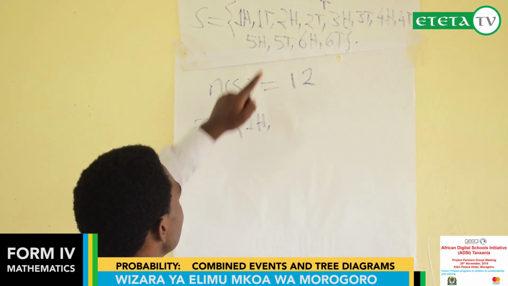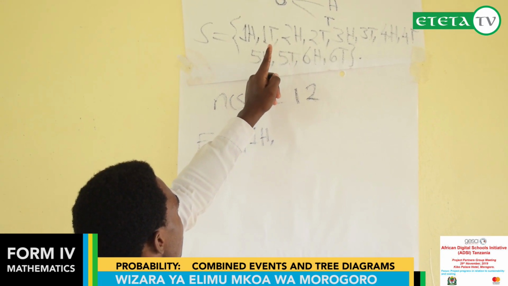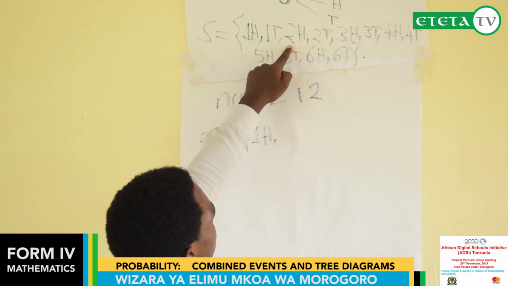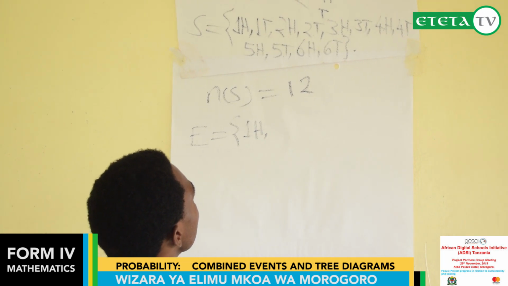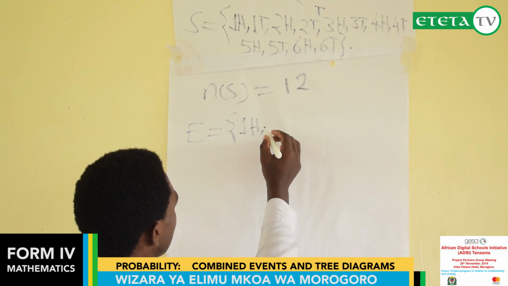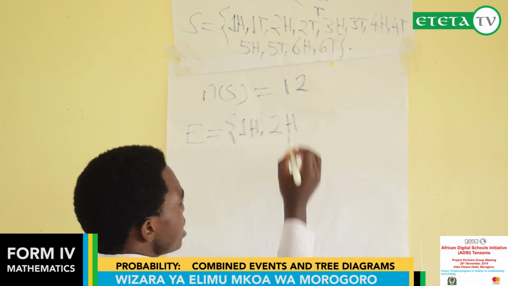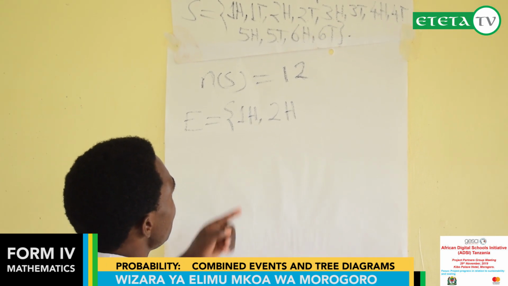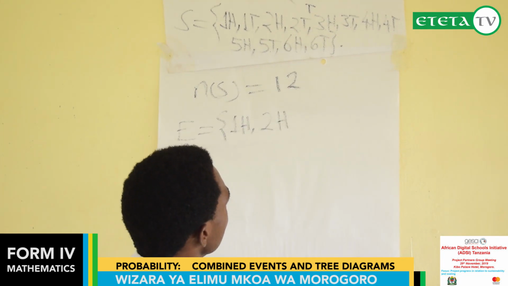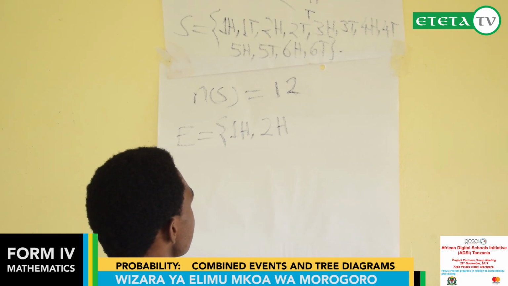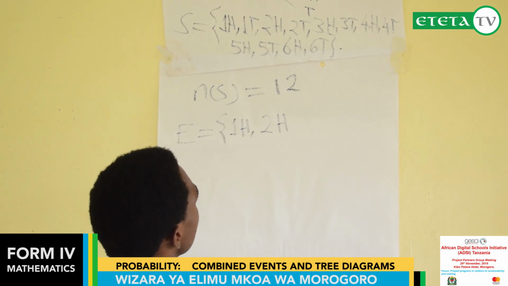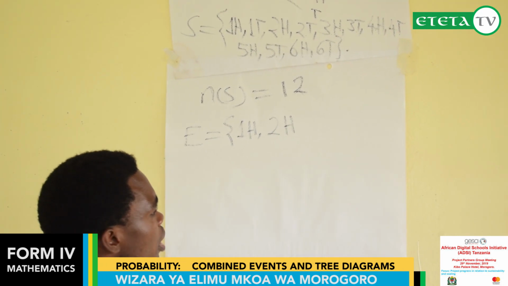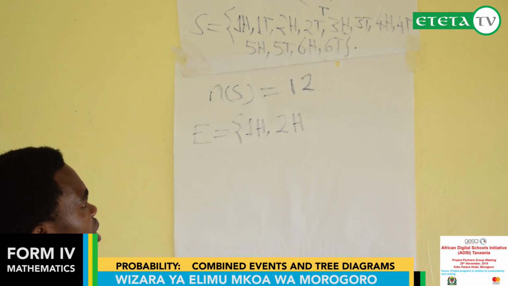And again, this one is not a member, since here we have T. Then here we have 2 head. 2 head satisfies it, since 2 is less than 3 and it is combined with a head. And again, this one is 2T. It is not a member because it is combined with T. Then here 3H is not a member, since we have been told that it should be less than 3.